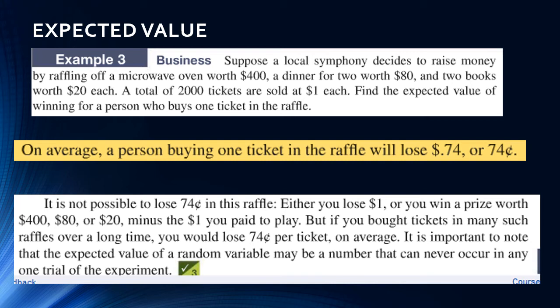But if you bought tickets in many raffles over a long time, you would lose 74 cents per ticket on average. It is important to note that the expected value of a random variable may be a number that can never occur in any one trial of the experiment, because again, it's an average value, not necessarily a realistic outcome for one specific individual or event.